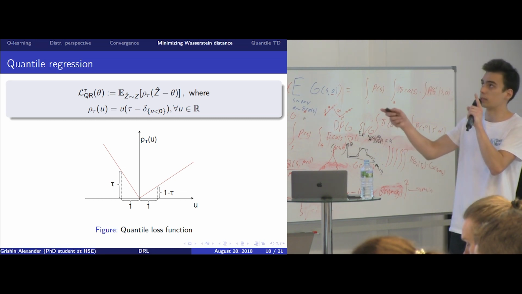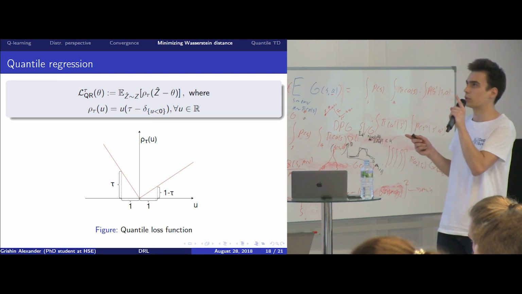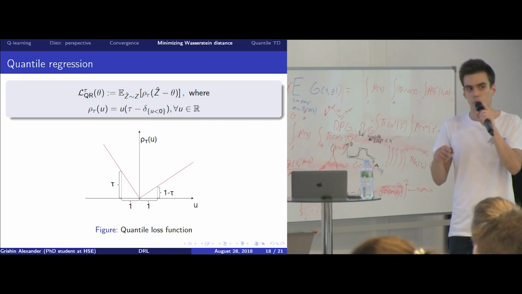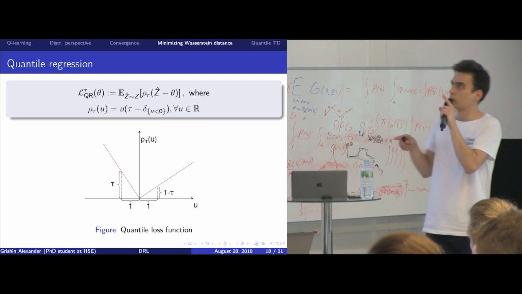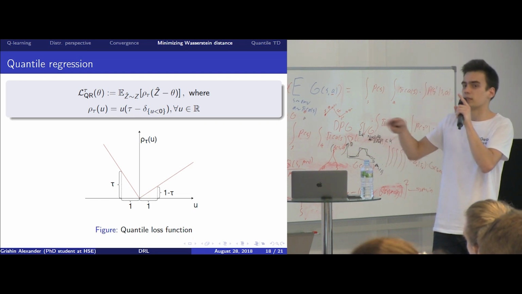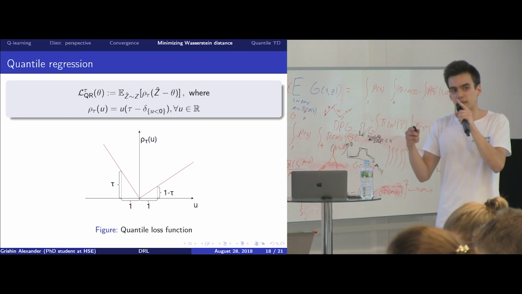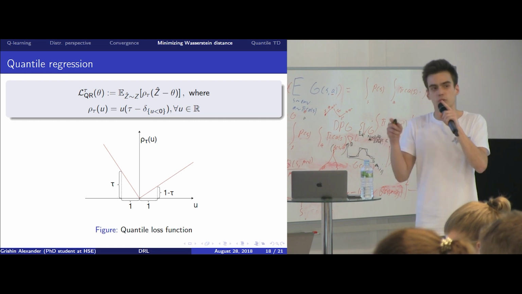To be precise, if we use this loss, the gradient is unbiased, and we will get an unbiased estimate of the gradient, which eventually will converge to the quantile.